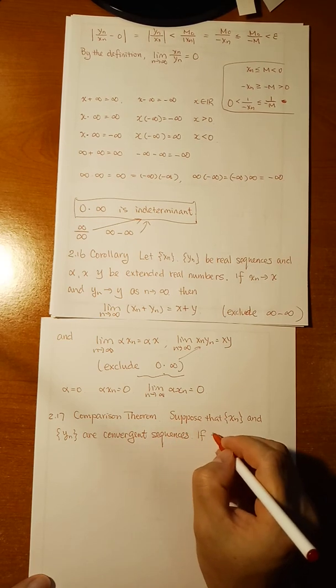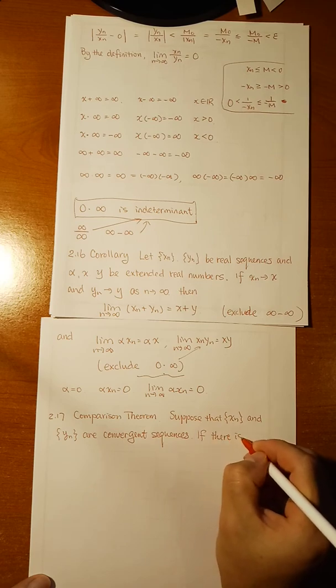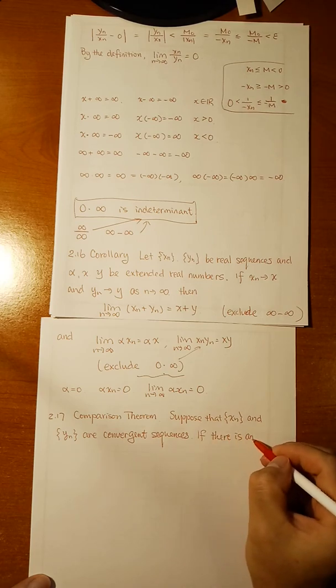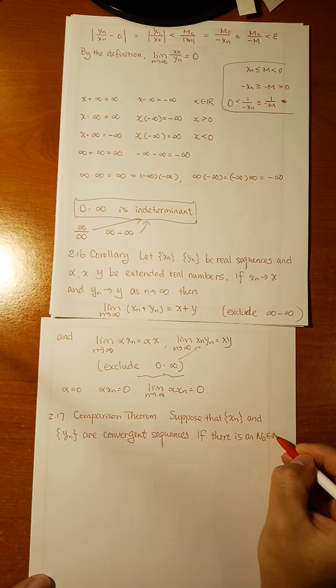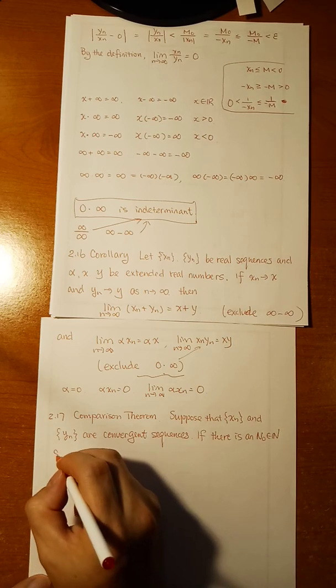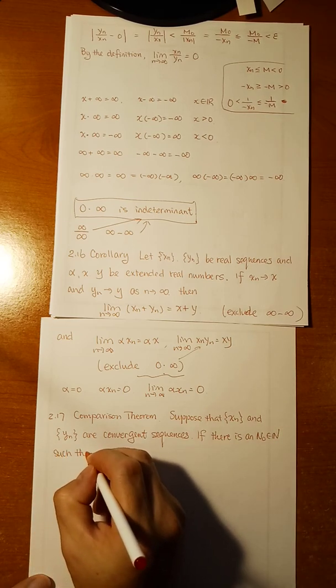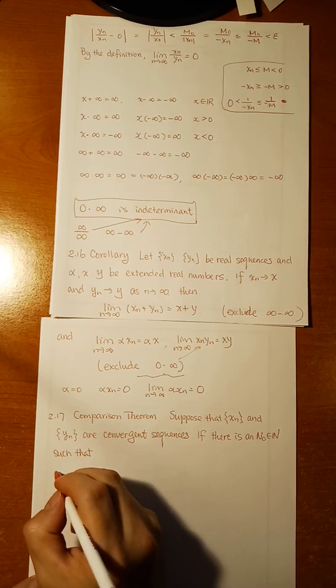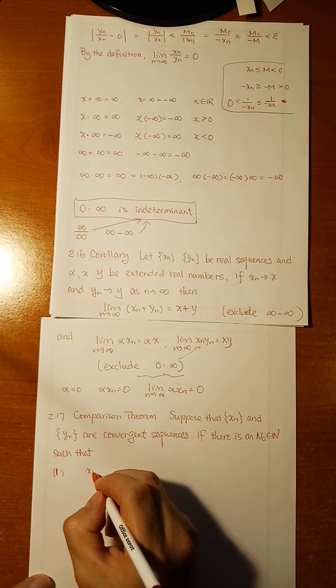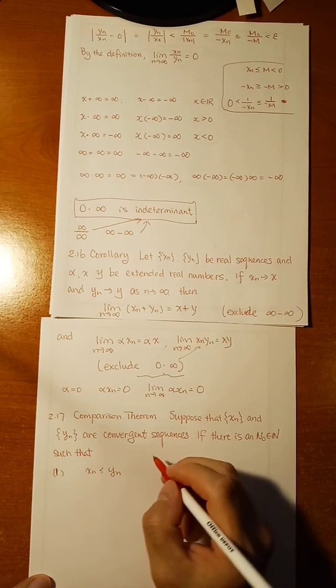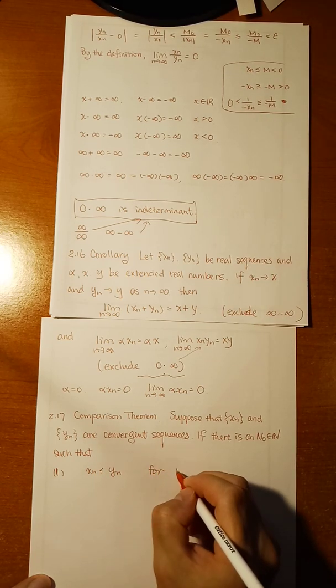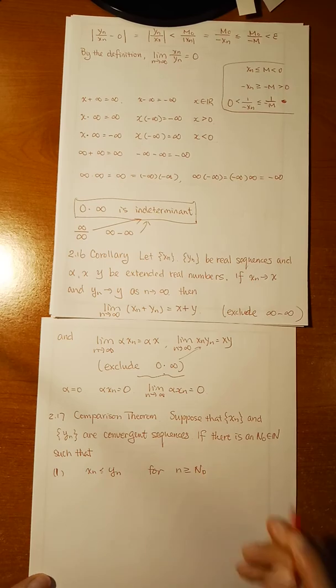If there is an n sub 0 in the set of natural numbers such that xn is always less than or equal to yn for n greater than or equal to n0.